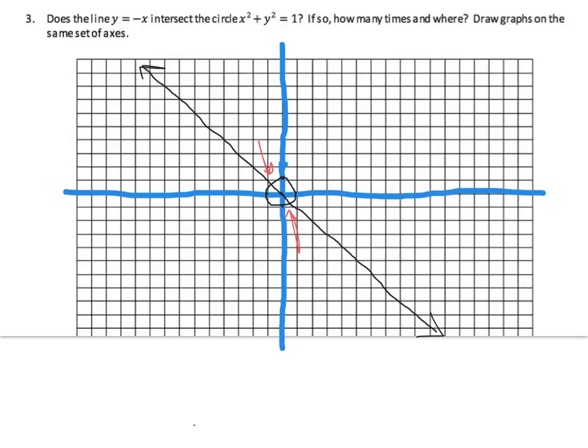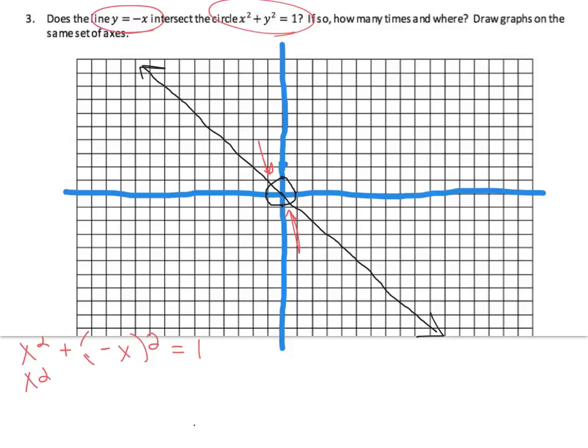Let's go ahead and plug in negative x for y, so we have y equals negative x. Let's plug it into here. So I have x squared plus y, which is negative x, squared equals 1.